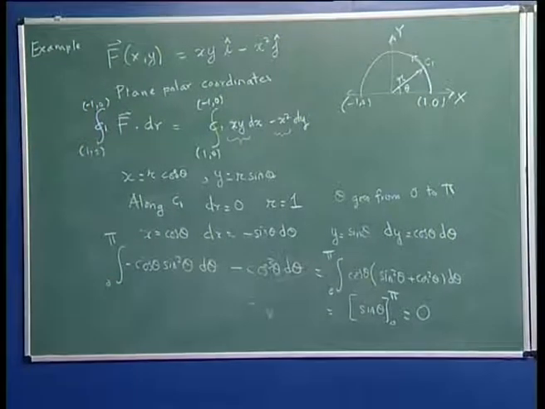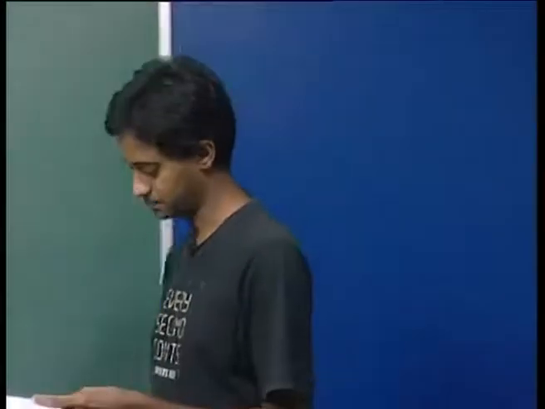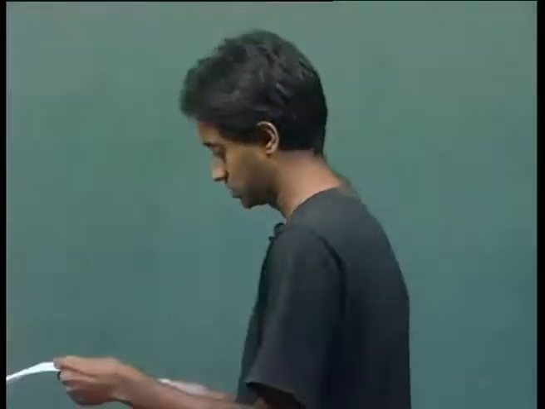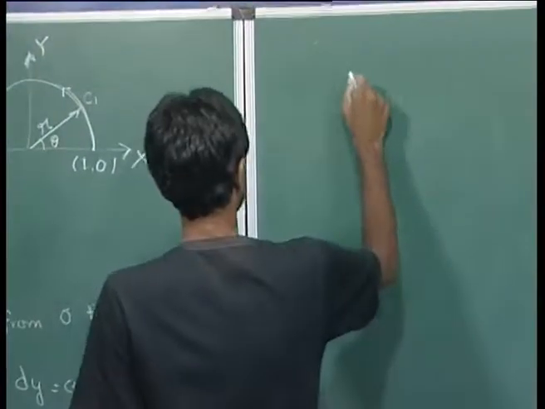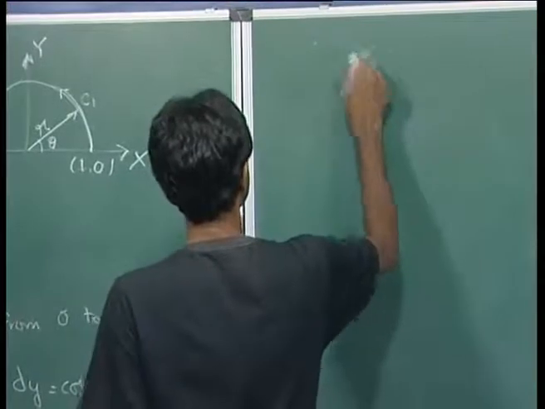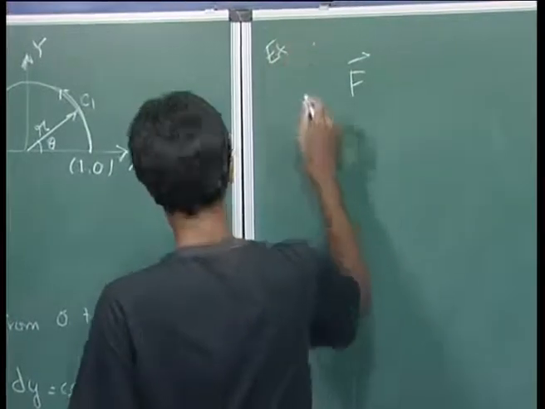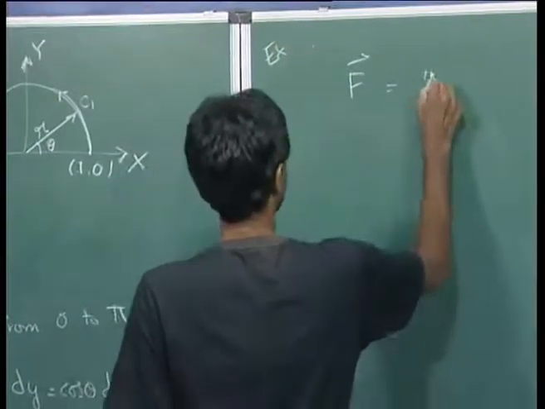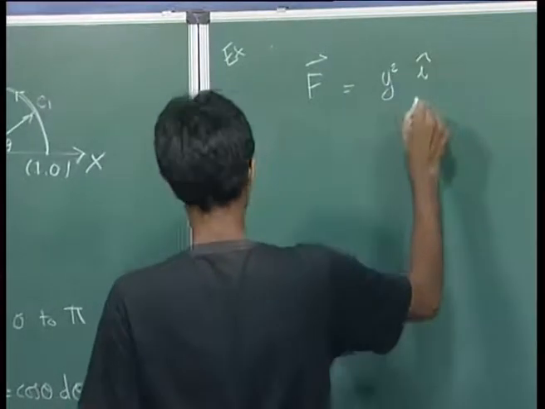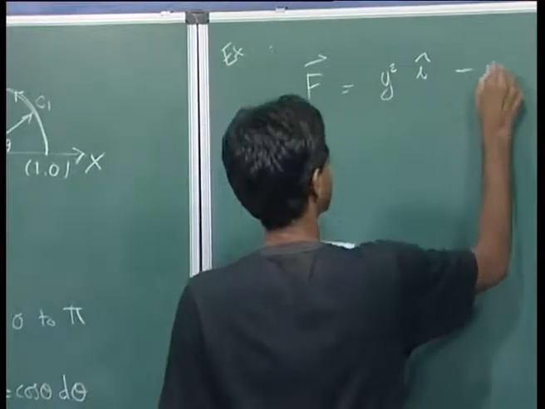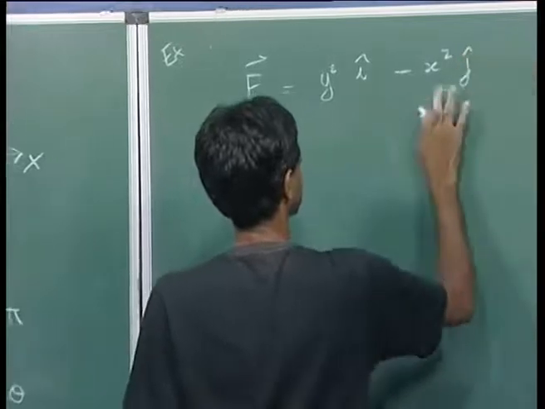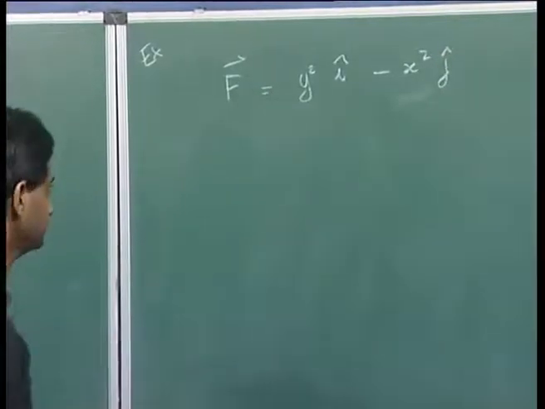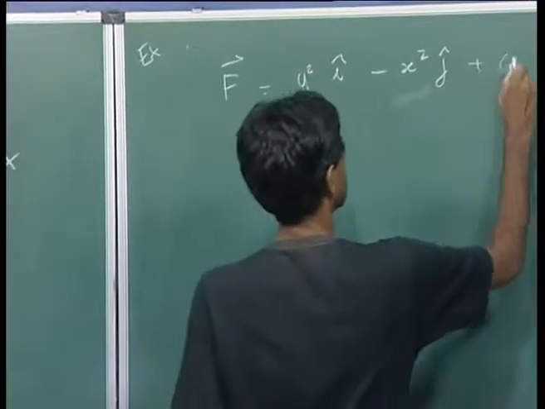Okay, so the last thing I want to show is an illustration of Stokes theorem. Okay, so let's look at f equal to y square i minus x square j plus 0 k.